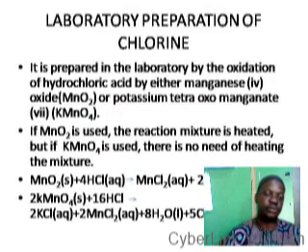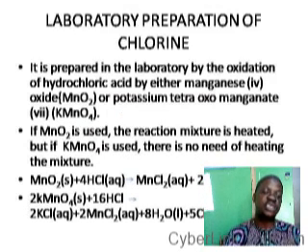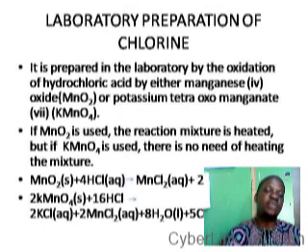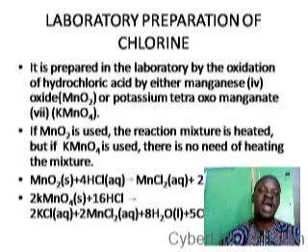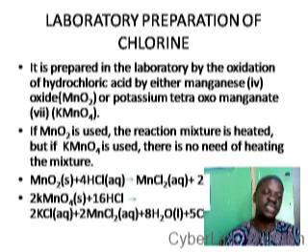Laboratory preparation of chlorine. Chlorine is prepared in the laboratory by different methods, but the two main methods are by oxidation of hydrogen chloride acid, otherwise called hydrochloric acid. The oxidizing agent may be manganese(IV) oxide, or it may be potassium tetraoxomanganate(VII). If manganese(IV) oxide is used, then the reaction mixture has to be heated to achieve the desired results.